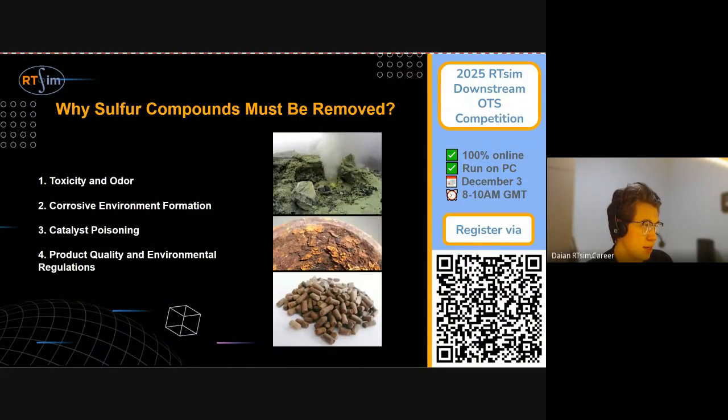Absorption method. Gas purification by absorption can be based on chemical or physical absorption.